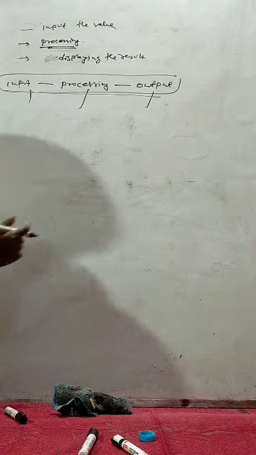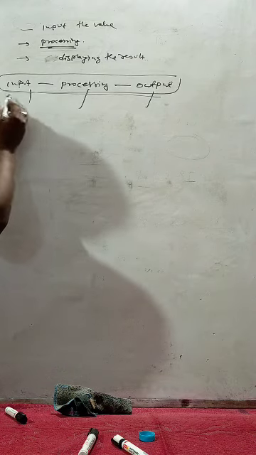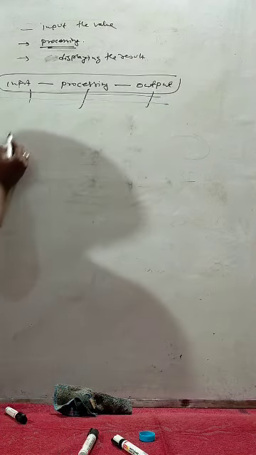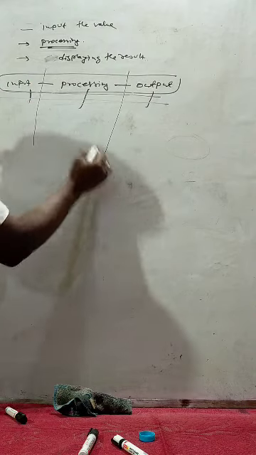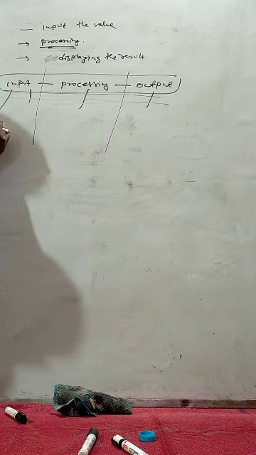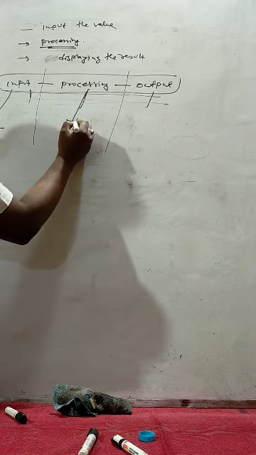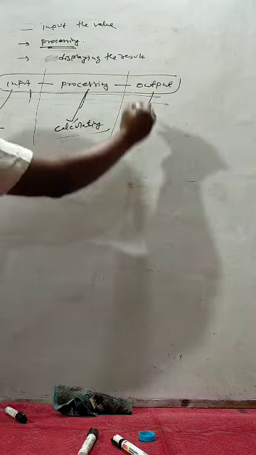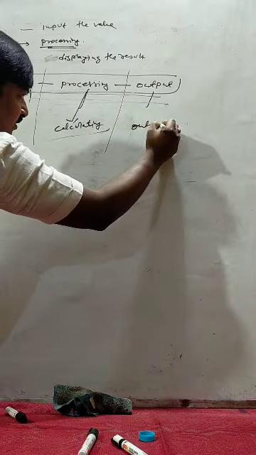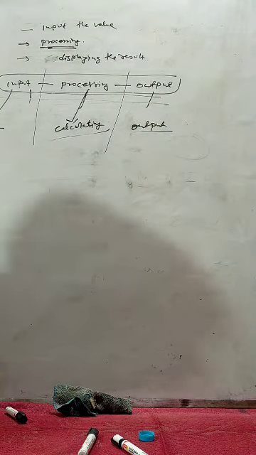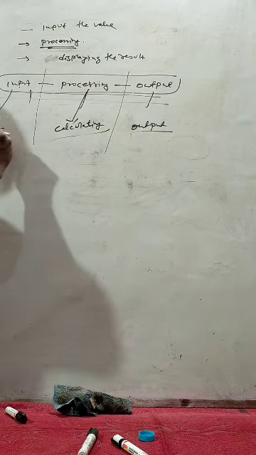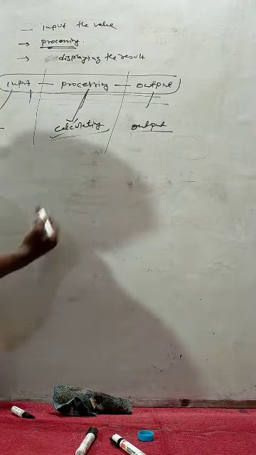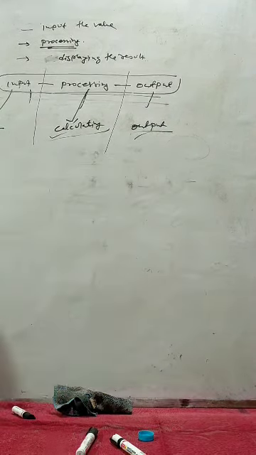In the same way, we will divide the same processing in three parts. We will use one method for input, one method for calculating or processing, one method for output.